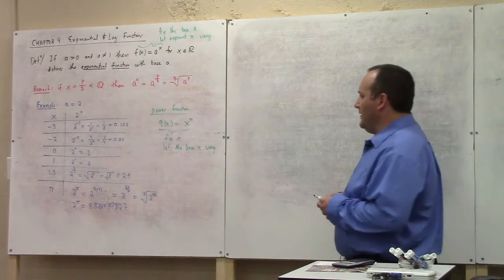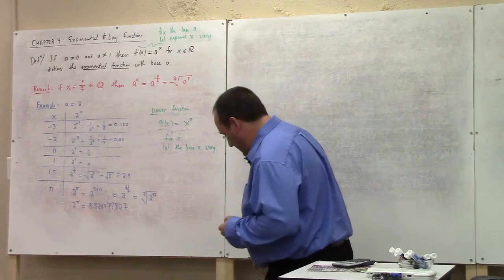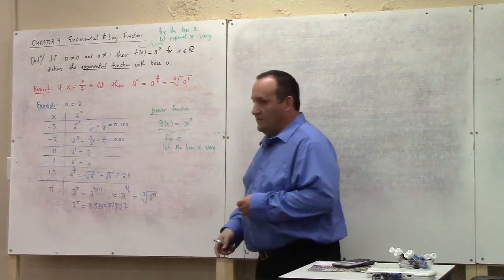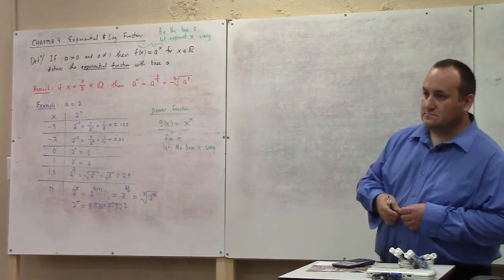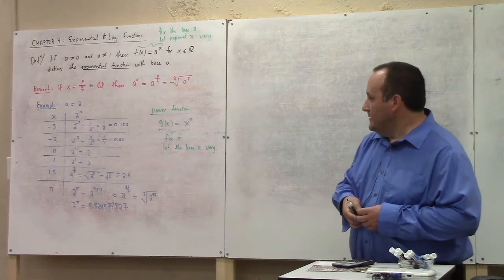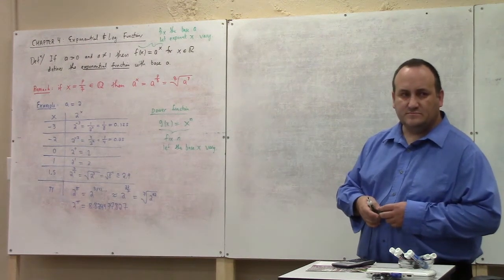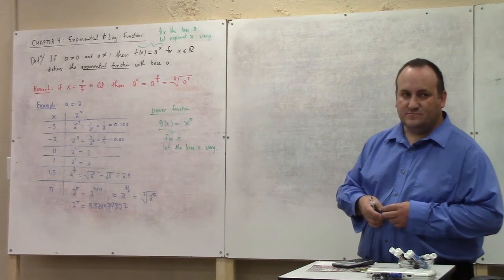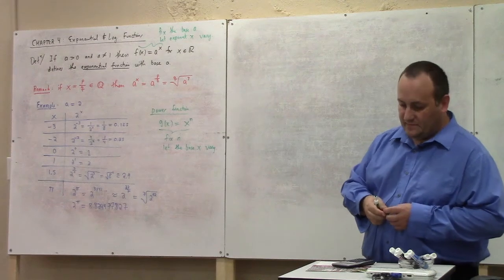Although typically with the power function, we insist on n being a natural number, you could in fact talk about x to the pi power. That would be meaningful, somewhere between x squared and x cubed. Did we graph x to the pi? We did not. We just looked at x squared, x cubed, and then rational functions.